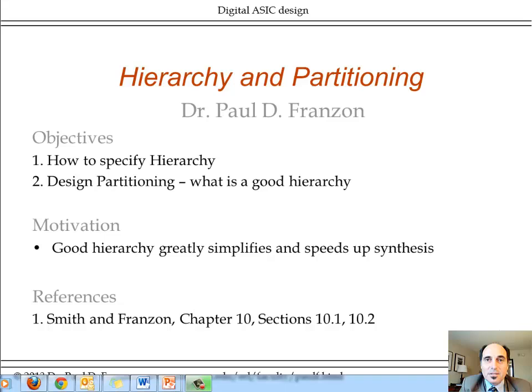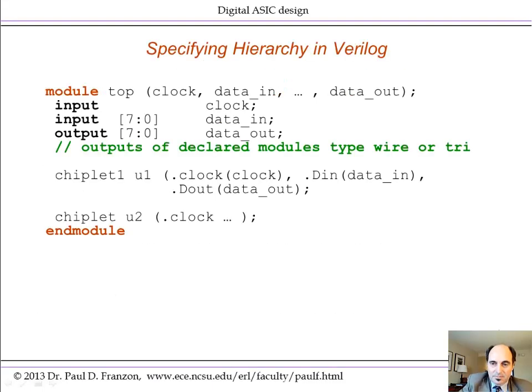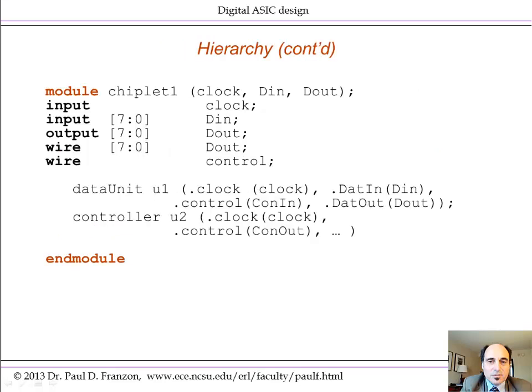So just to remind you about how hierarchy is specified in Synopsys and Verilog. Here we have a module top where we instance two chiplets in it. Chiplet is a term for a further collection of modules, and they have different instance names. Here's the hierarchy within one of those chiplets. Just to keep this simple, I just cleanly separated the data path from the controller and again gave them different instance names.